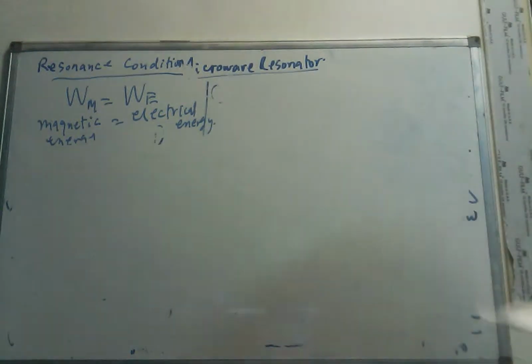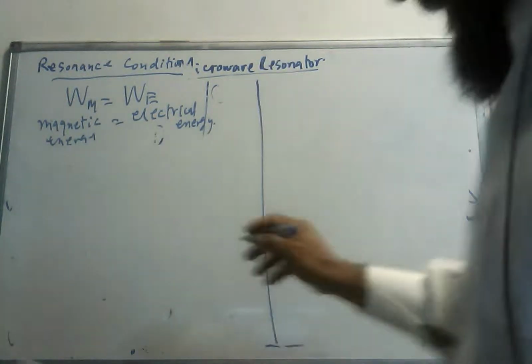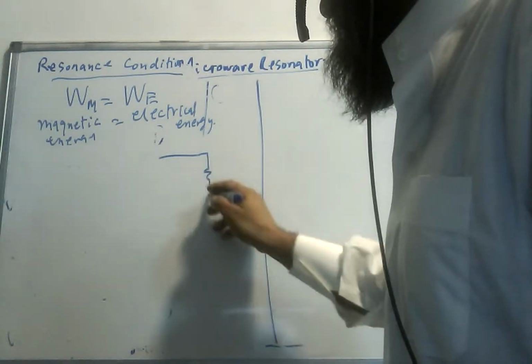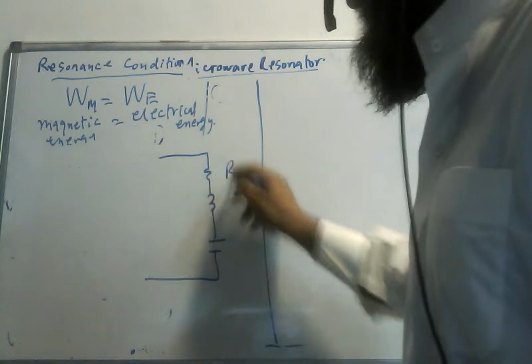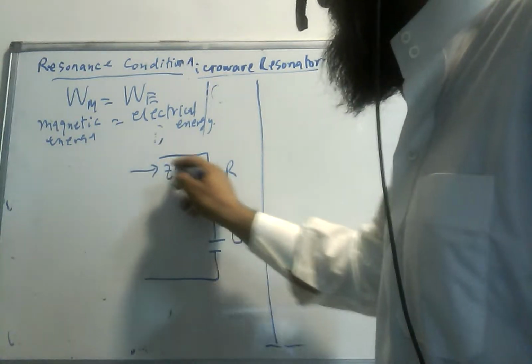So the series circuit is like this. I have R, I have L, and I have C, R, L, and C, and this is my input impedance.